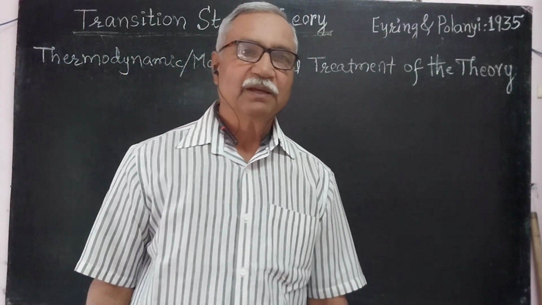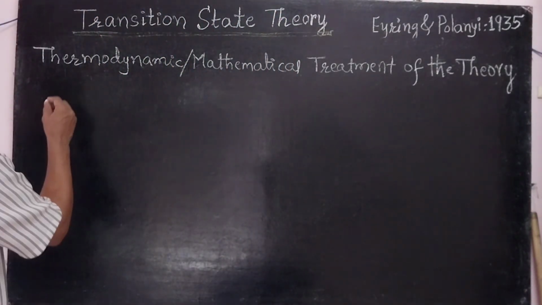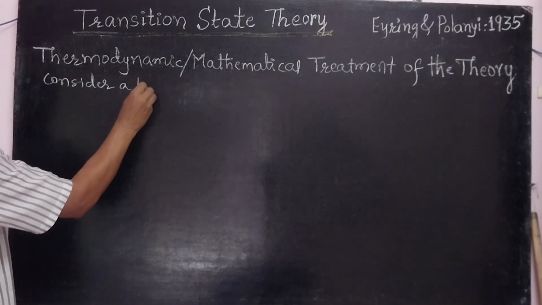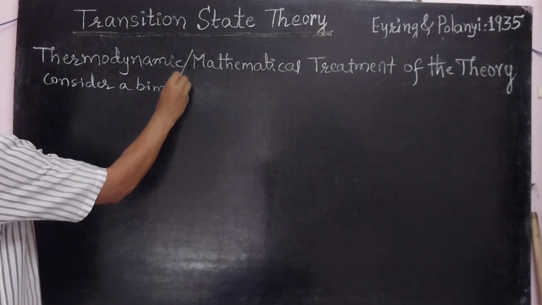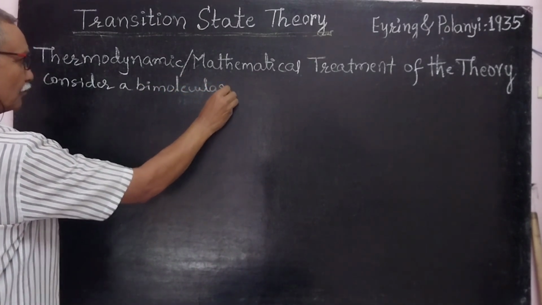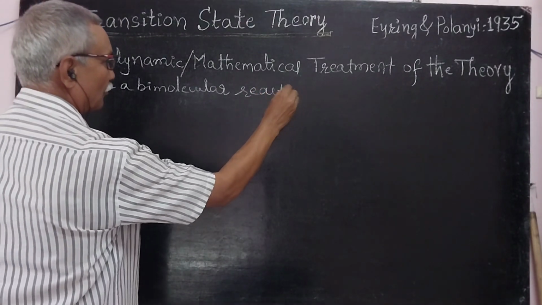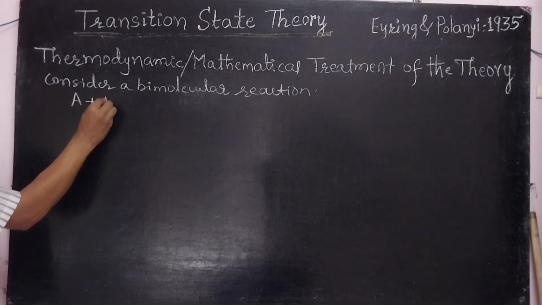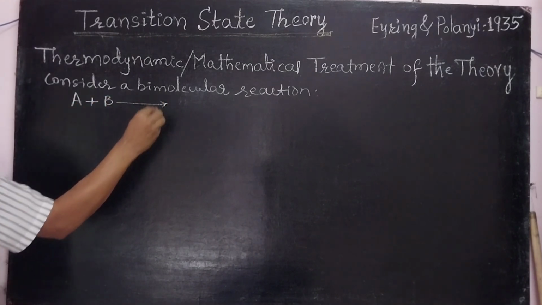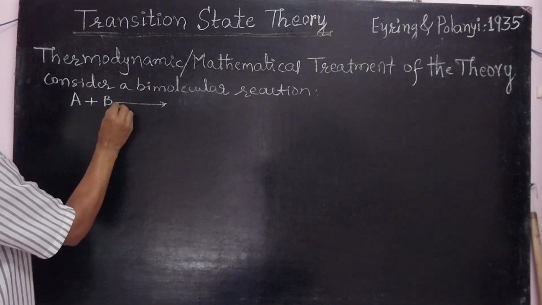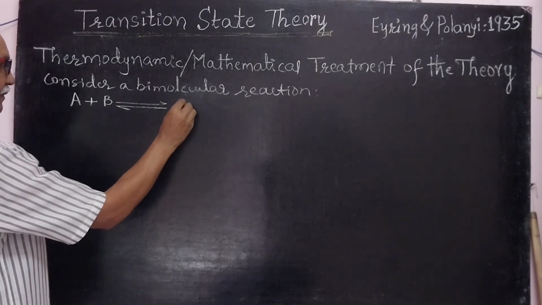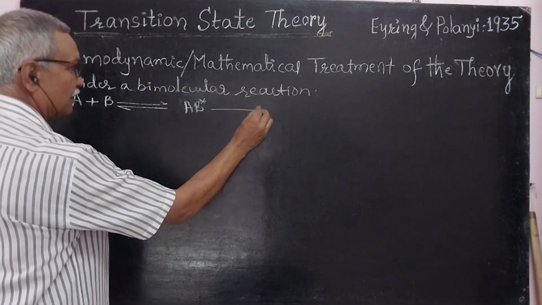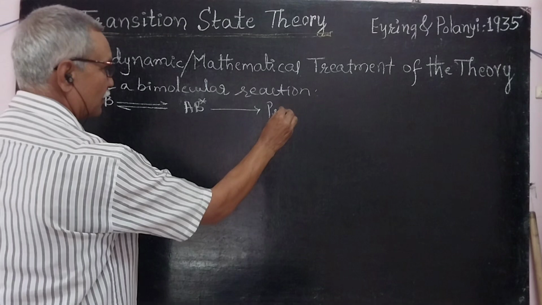Now consider a bimolecular reaction, that is A plus B gives one intermediate complex, that is AB star, which gives products.